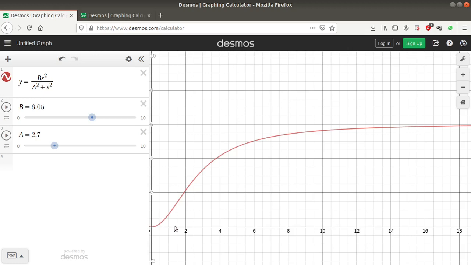But if the number of insects is large, then the number of birds eating more is going to increase. But if the number of insects gets very large, then the birds cannot eat everything, so it gets saturated. Even though we have a lot of food, we cannot eat all the food, right? So it will get saturated. That's the meaning of this term.